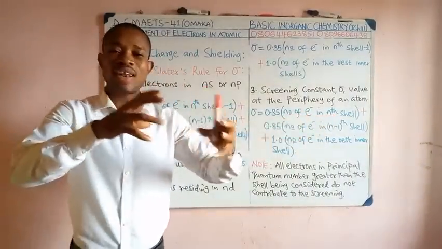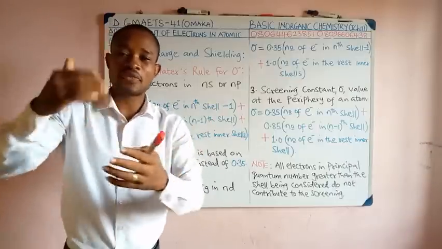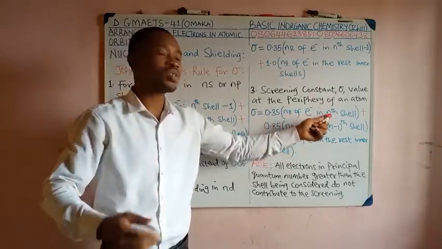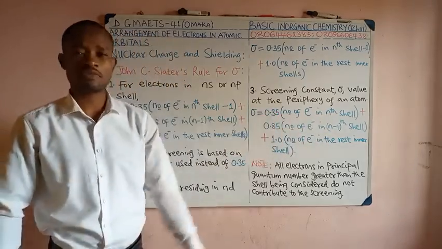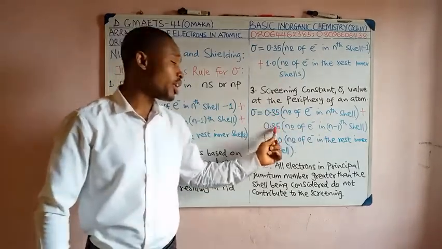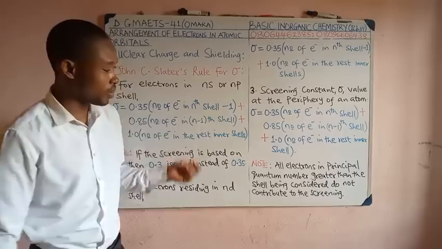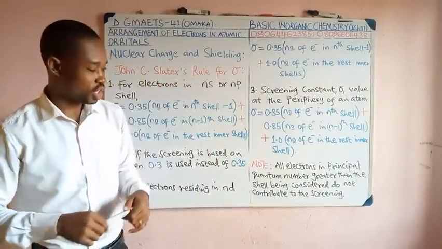So if the last shell, let's say, is 3s, maybe 3s2, then of course you're going to use the number of electrons in that last shell to multiply 0.35. Is that okay? Then plus 0.85 times the number of electrons in the n minus 1 shell. I've explained that concept here. Plus 1.0 times the number of electrons in the rest inner shell.